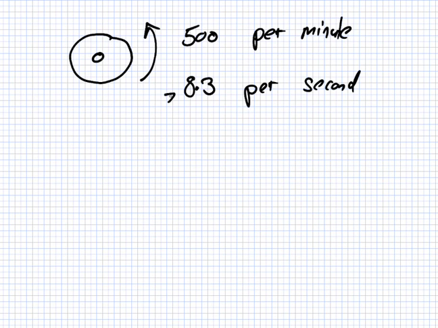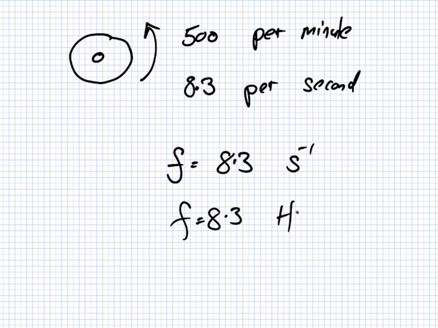So what is the 8.3? Is that F? Is it T? You're saying here that F equals 8.3 per second, that F equals 8.3 hertz, because in 1 second it turns 8.3 times.